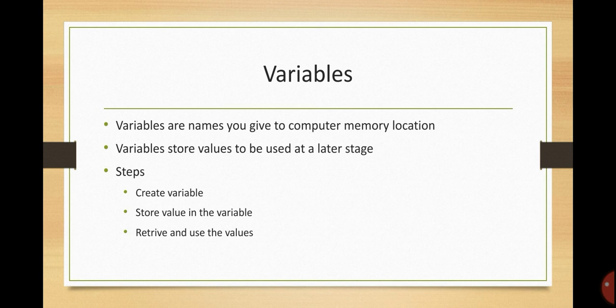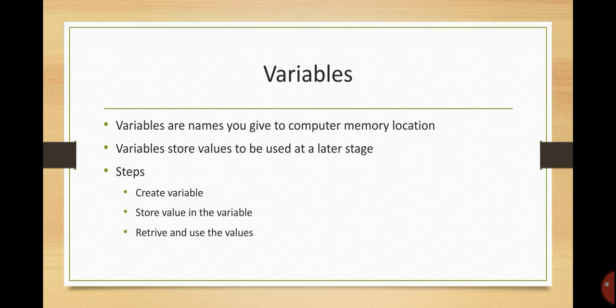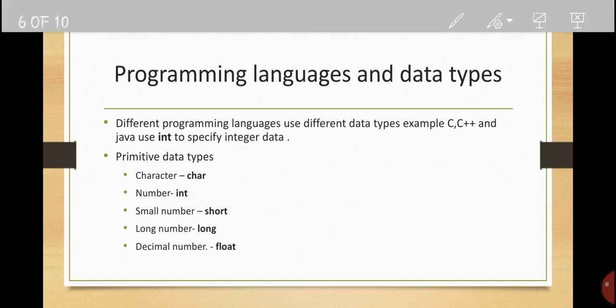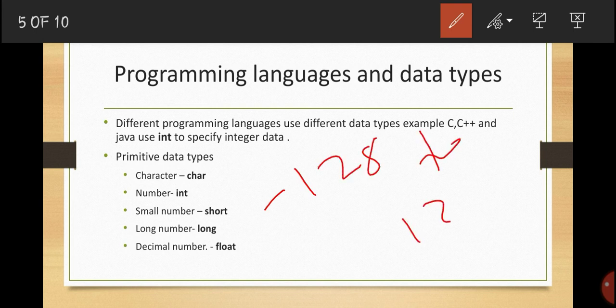But those data types that are shared by these programming languages, which include C, C++, Java, and C#. We have a data type called the character. Character takes values that range from -128 to 127.